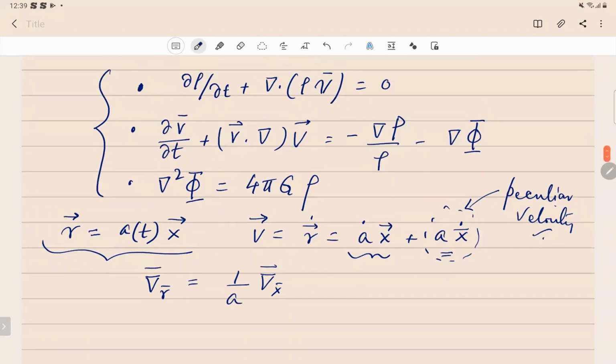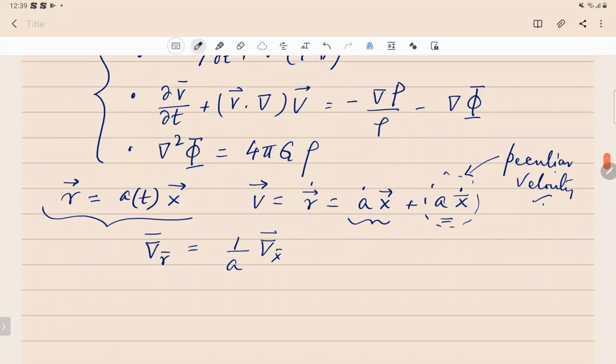But there's also one more change that you have to do, which is to understand this t, this derivative with respect to t, that also has to change, because in these partial differential equations, you have the t appearing. This del rho del t is assuming that we are working in that r system, so it's at constant r. But r is now a function of x through this a. So we have to change these time derivatives as well, and that is pretty straightforward.